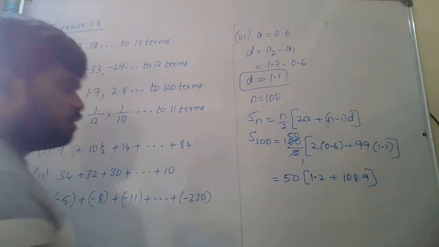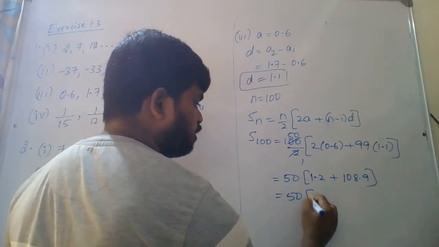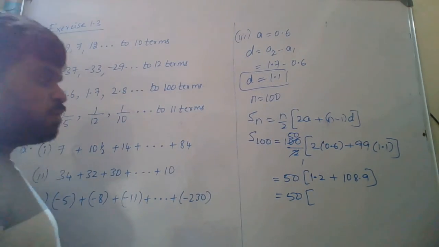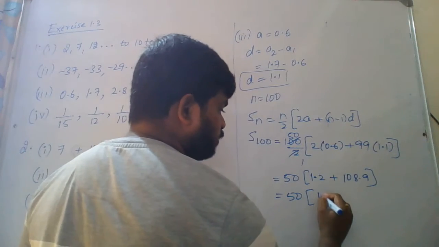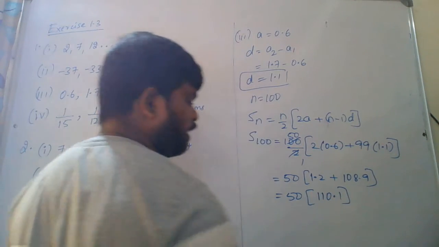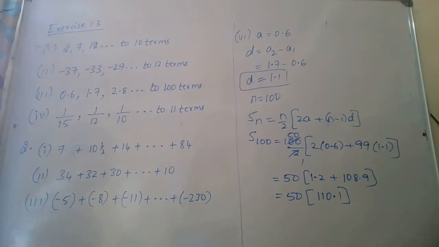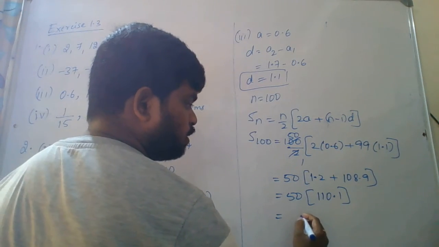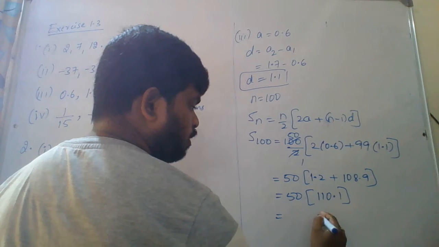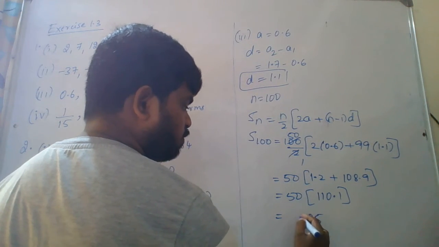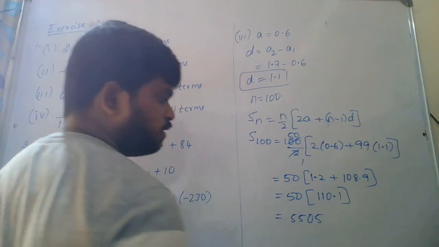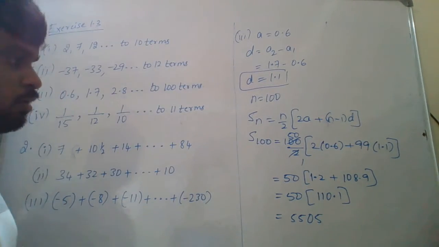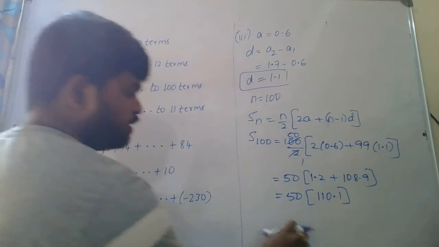So 1.2 plus 108.9 gives 110.1. Let me check it.